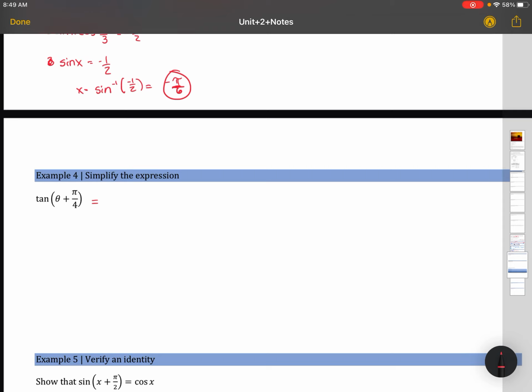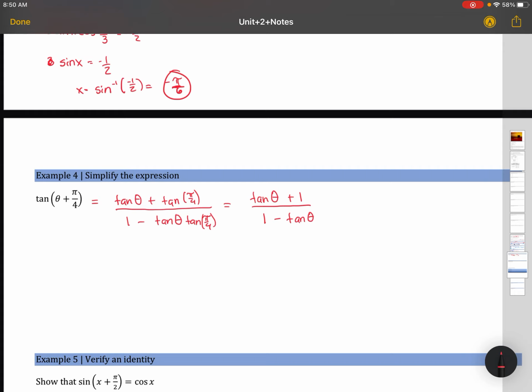The sum of tangent theta plus pi over 4 is going to be tangent theta plus tangent pi over 4, divided by 1 minus tangent theta tangent pi over 4. And that simplifies to, so we don't do anything with the tangent theta, tangent pi over 4 is 1, so 1 plus tangent theta divided by 1 minus tangent theta.